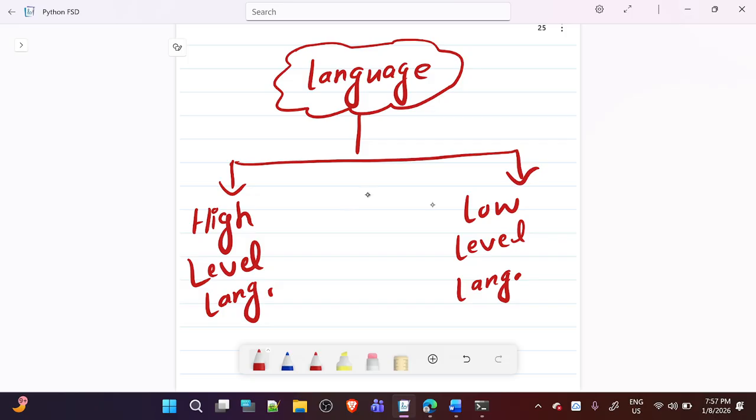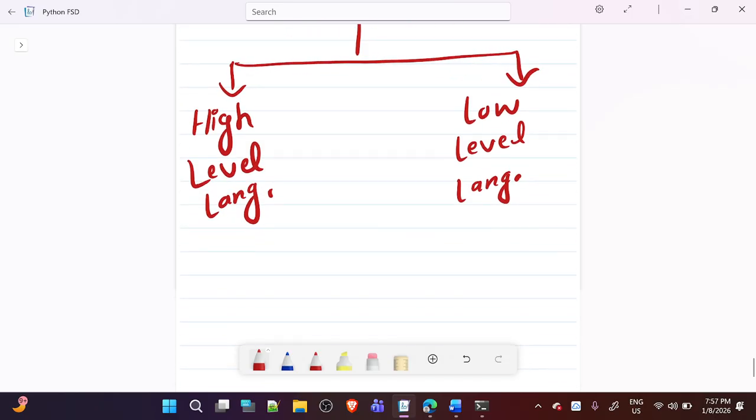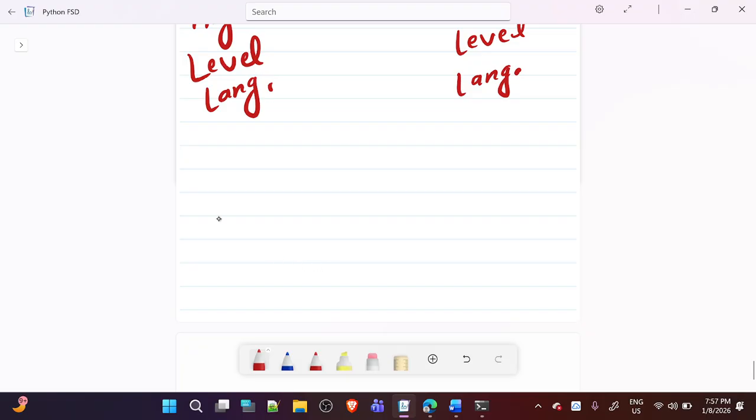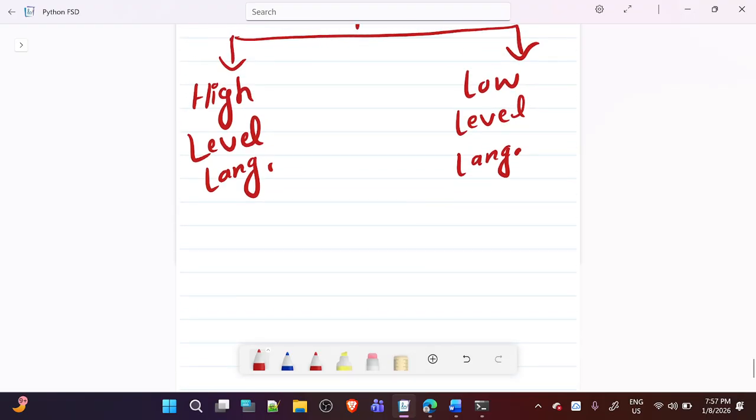High level languages are human understandable, and low level languages are machine understandable.